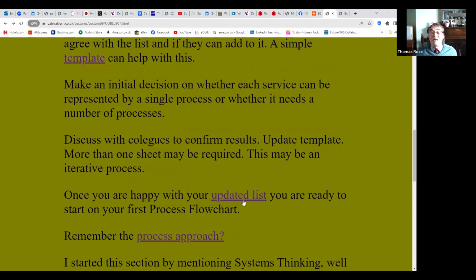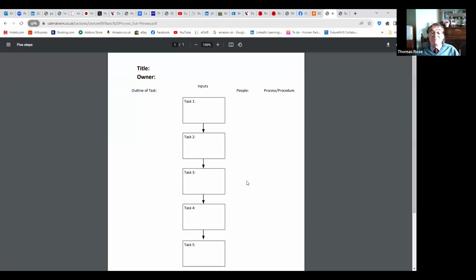Once you're happy with your list, you can start adding people that are involved with that process or that task, and what sort of processes or procedures that you have. Remember, this might be a list of tasks within a process, or it might be just a list of actual processes that you've identified in that work team.